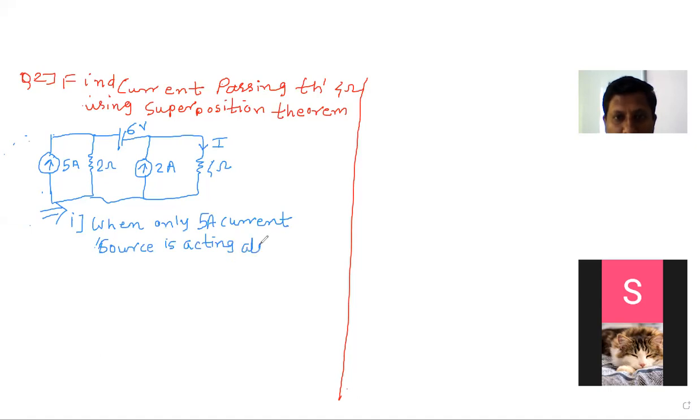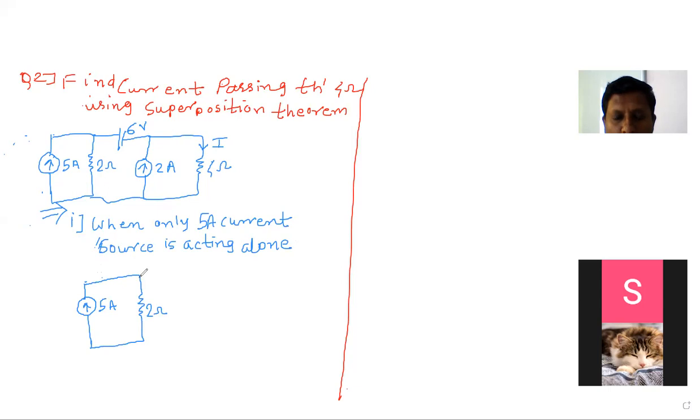This statement you have to write each and every time. After that, you can draw the circuit by keeping the 5 ampere current source as it is. This will be the 5 ampere current source, I will keep as it is. This will be 2 ohm as it is.